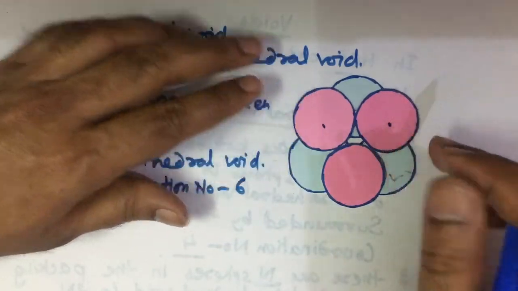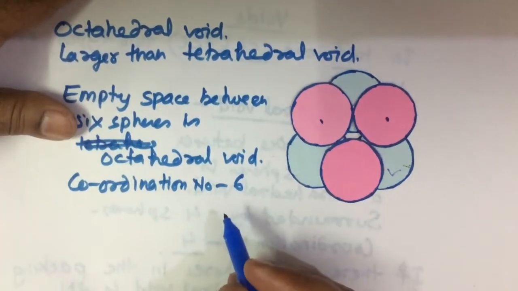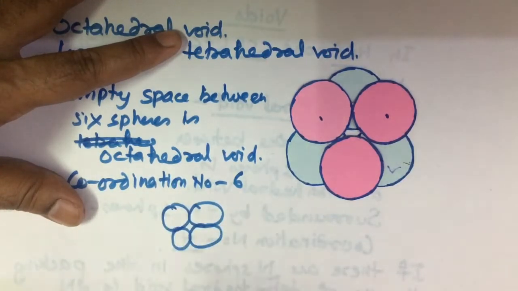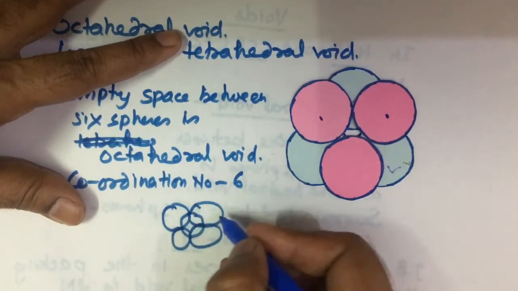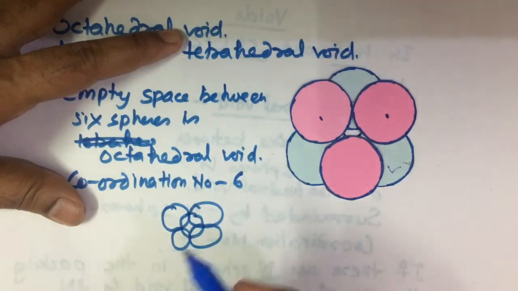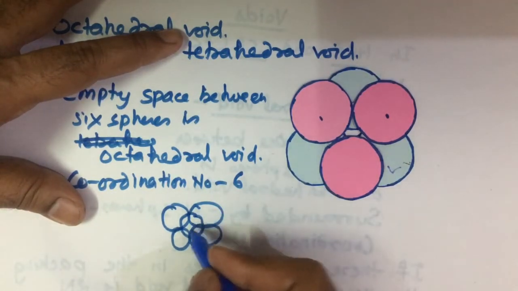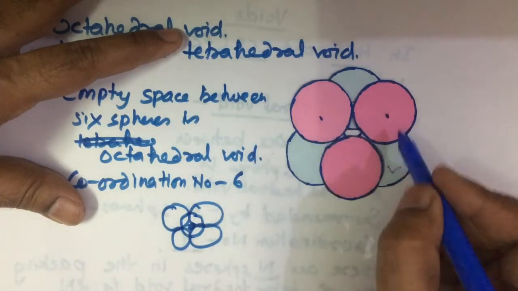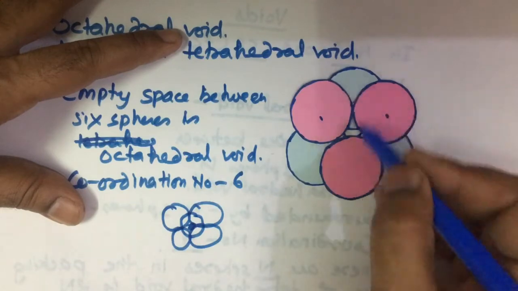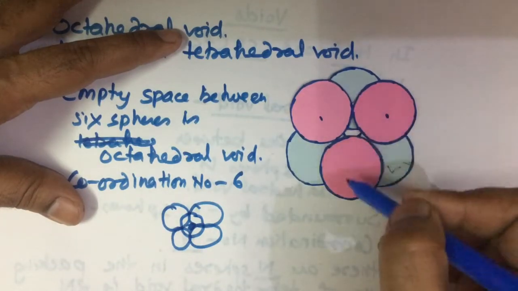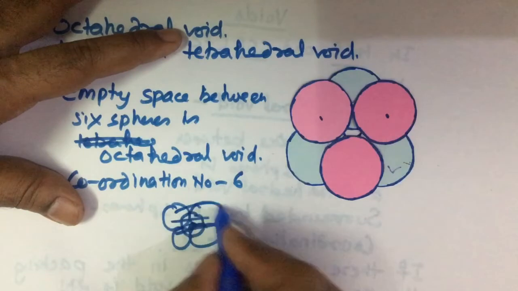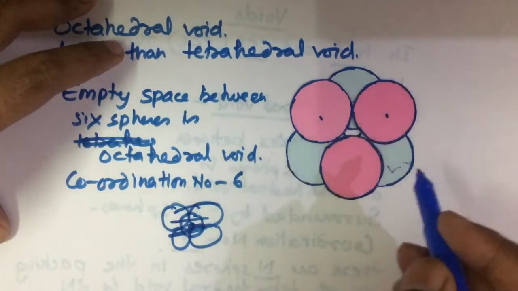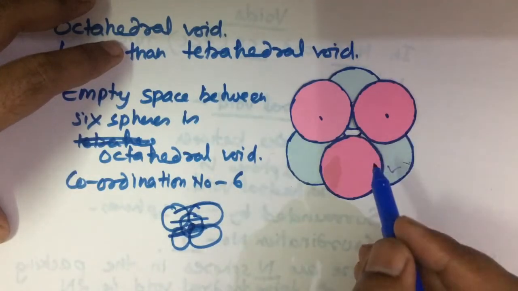So if we place 4 spheres in this form, one above and one below, the void formed in between these 6 spheres is an octahedral void. Above and below you can imagine. Okay? Now this is the diagrammatic representation of octahedral void.